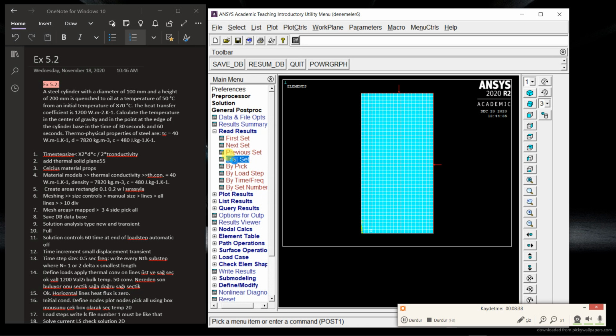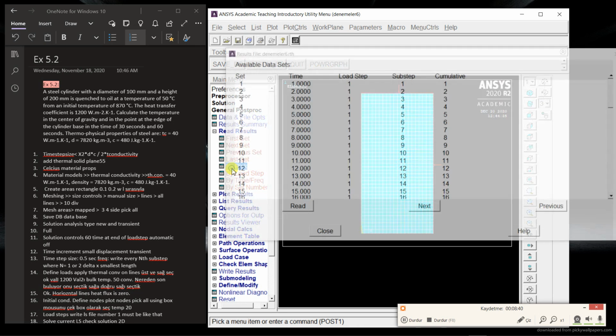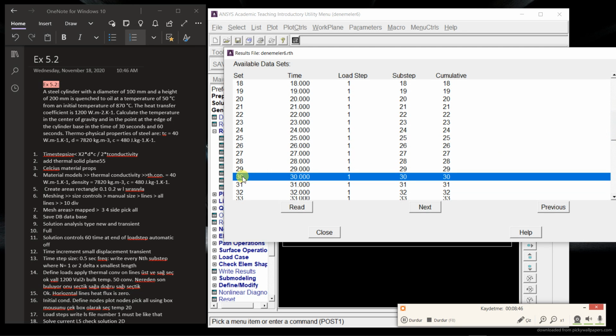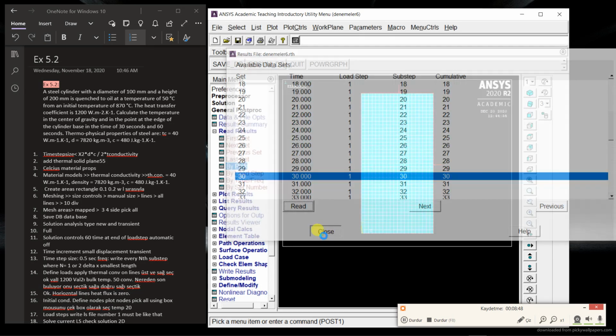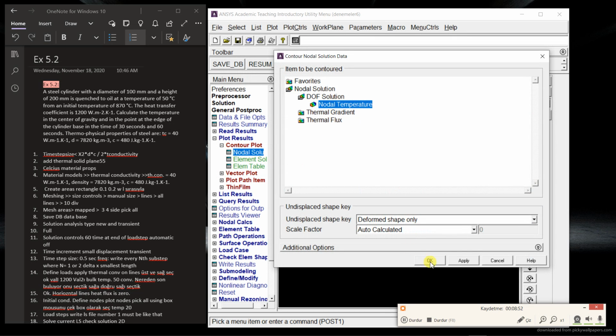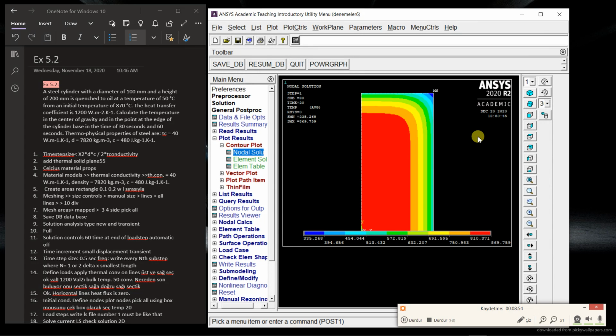So the last set, or you can pick by time, for example, if they are asking 30, you can say okay, read this one, and then I can see now my nodal solution here.